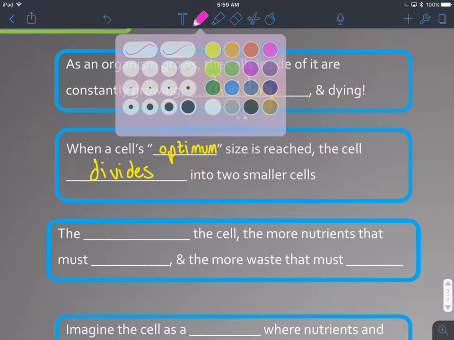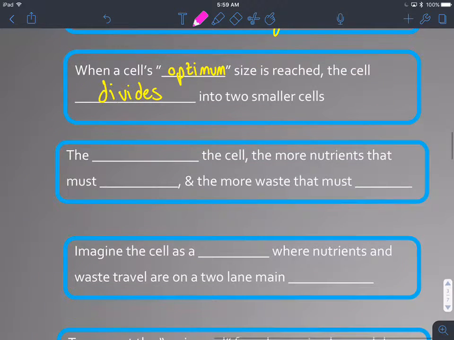The larger the cell, the more nutrients that must enter the cell, and the more waste that must exit the cell.